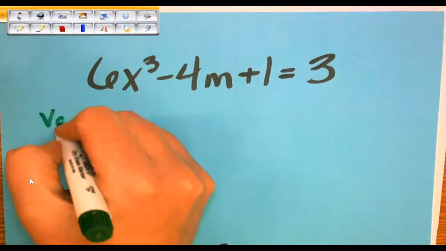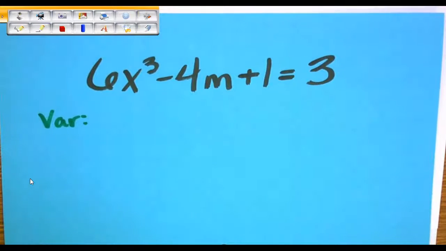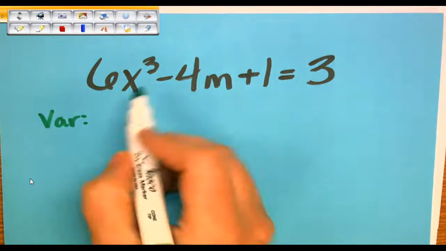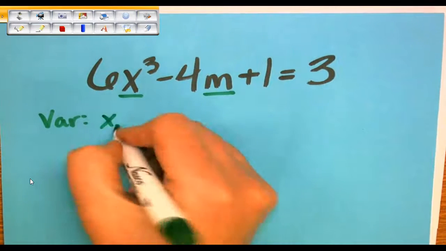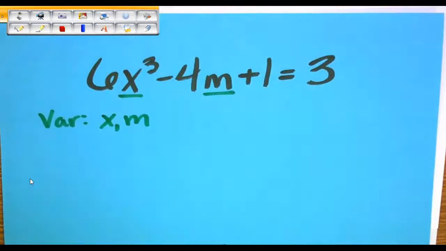The variables are my letters. So the variables are x and m. Notice the variable is not 6x cubed. It's not x cubed. It is just the letter x.